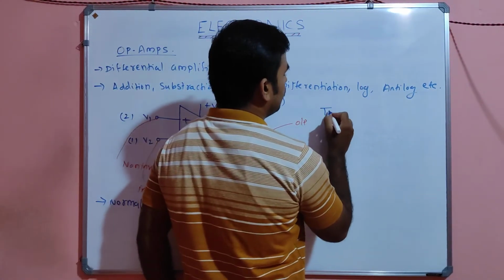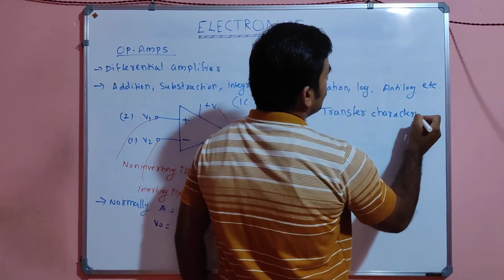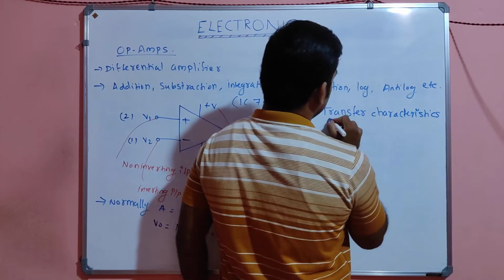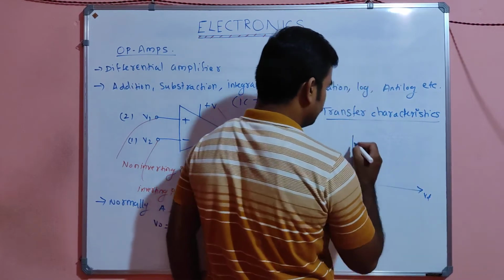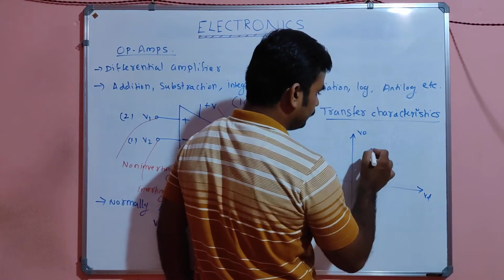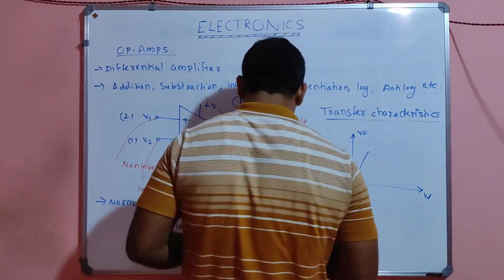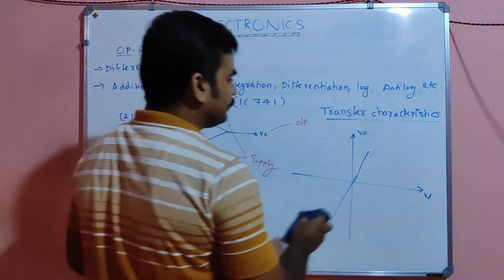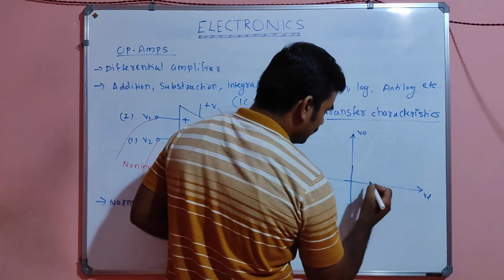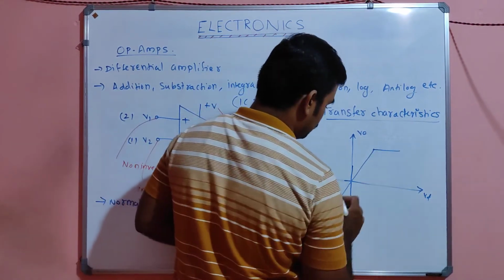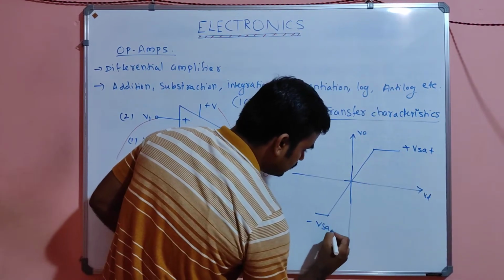Next, transfer characteristics. This is VD and this is V0. It is called plus V sat and minus V sat.